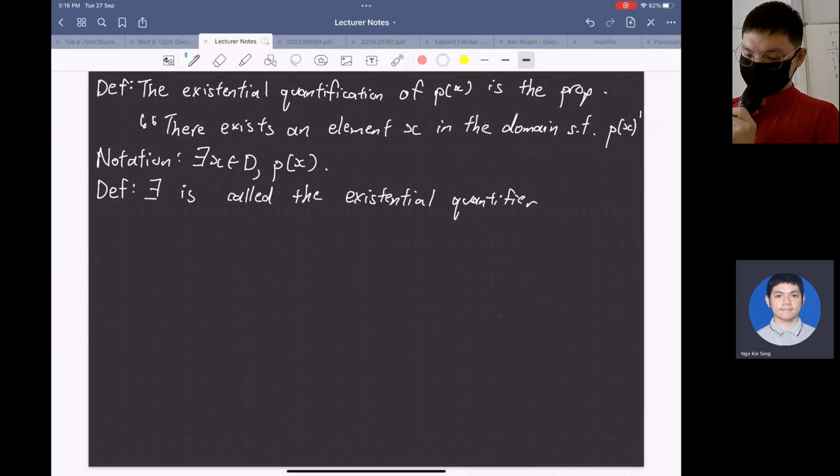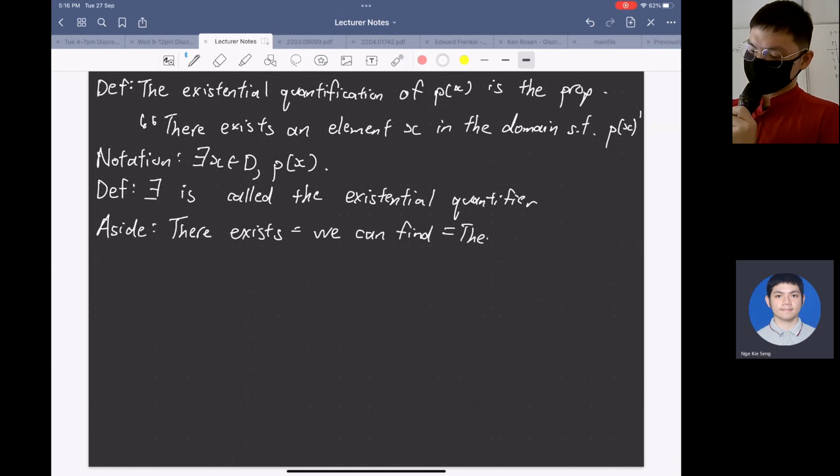There are a few ways to say it: we can find, there's this x that works. Okay, example.